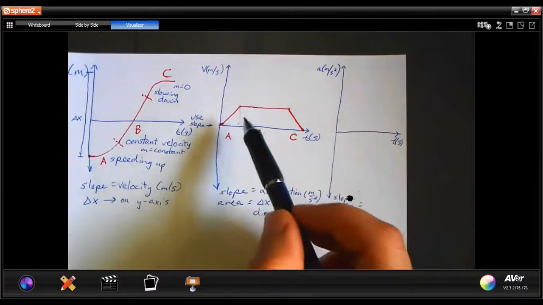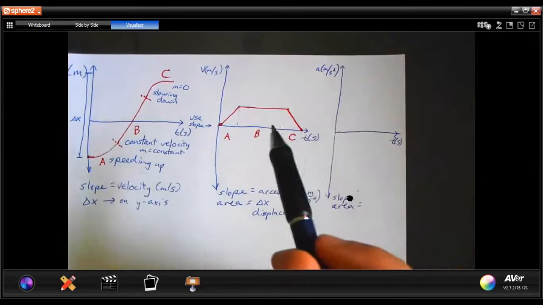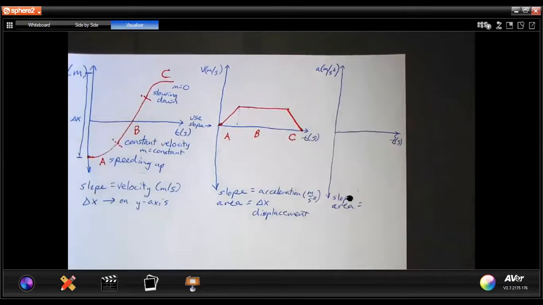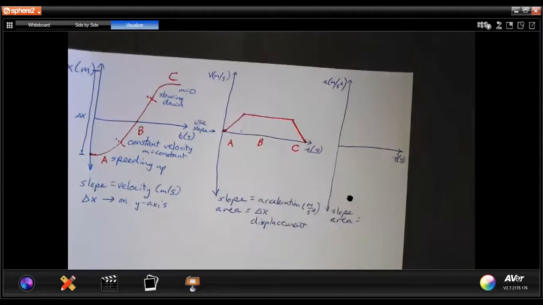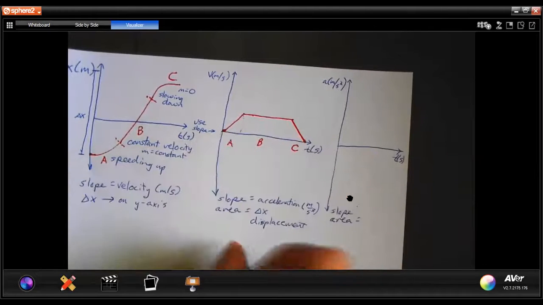And I want to talk about why that is. And this is really important. This is something College Board really likes to ask about, is knowing on a velocity time graph that the area is the displacement.